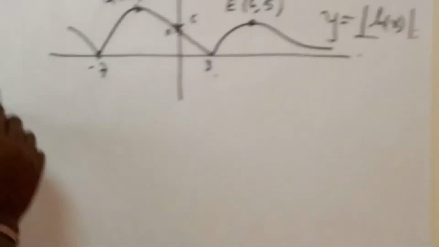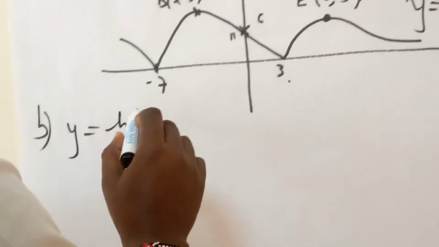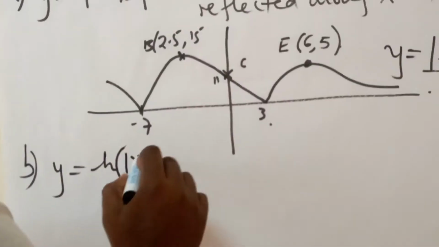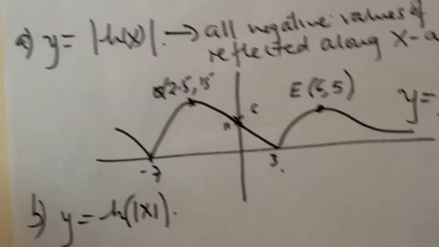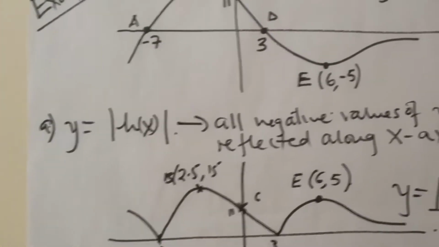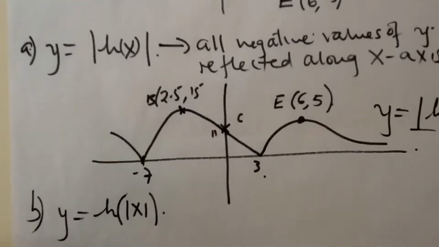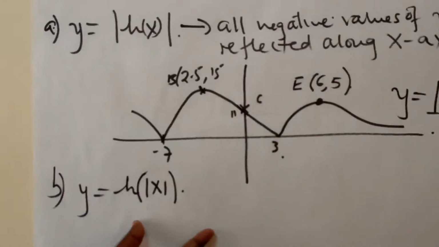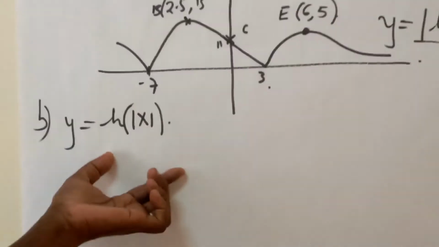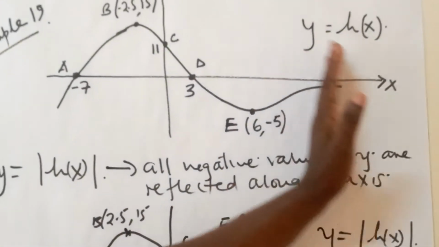Part B, we are supposed to sketch y equals the function of modulus x. Now, in this one, we are supposed to really understand that it is only the value of x that is moduled. So when x is positive, we have no problem with it.